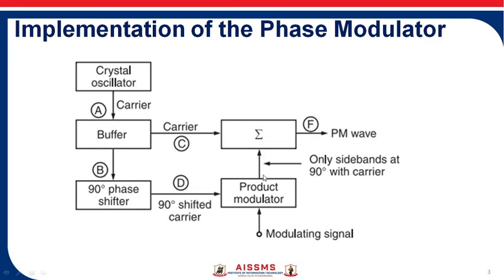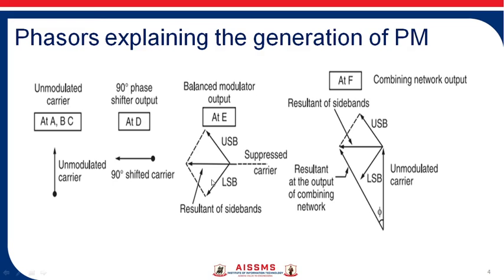At the output of the product modulator, two sidebands are generated, which are applied to the combining network. Another input of the combining network is the carrier, and at the output of the combining network the phase modulated signal gets generated. In detail, how these phase modulated signals get generated we are going to see using a phasor diagram.